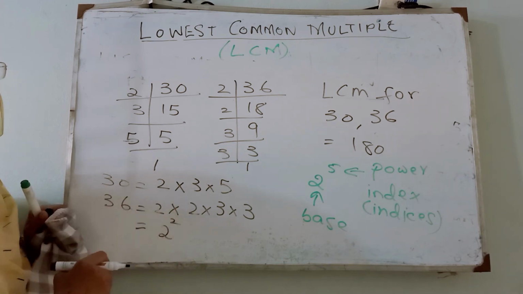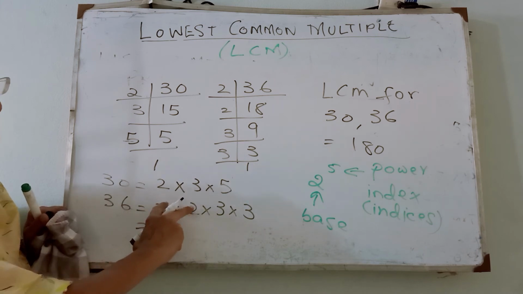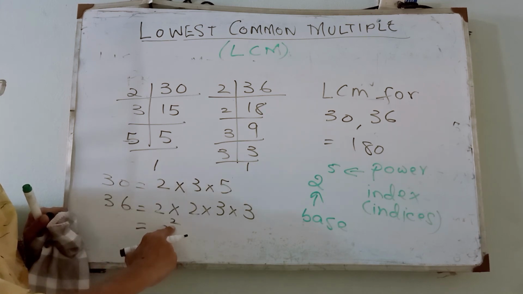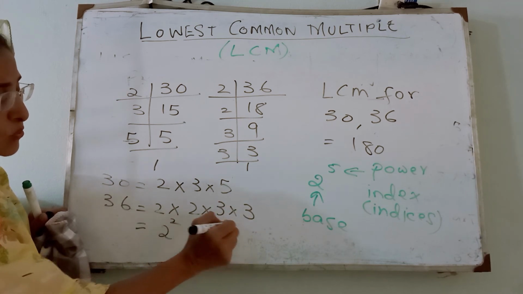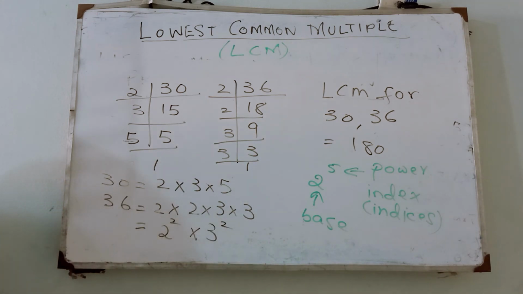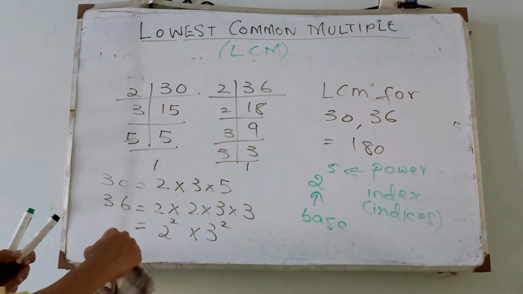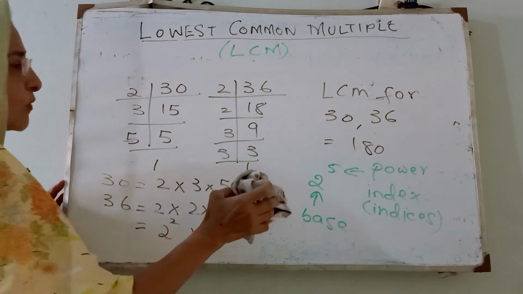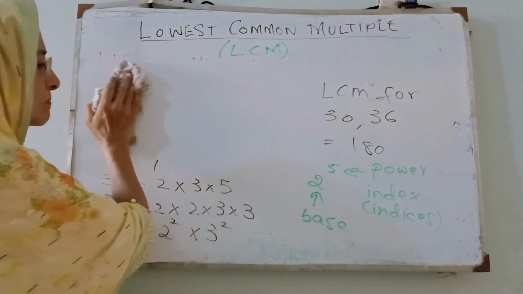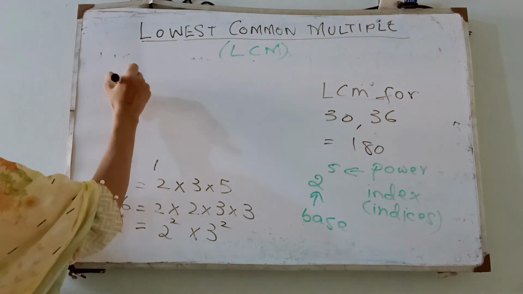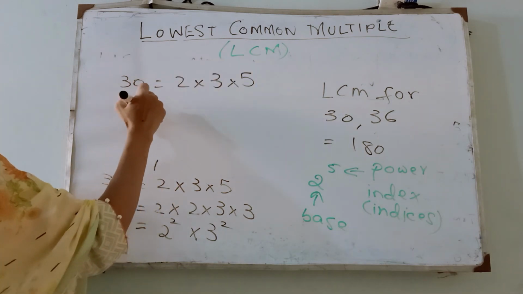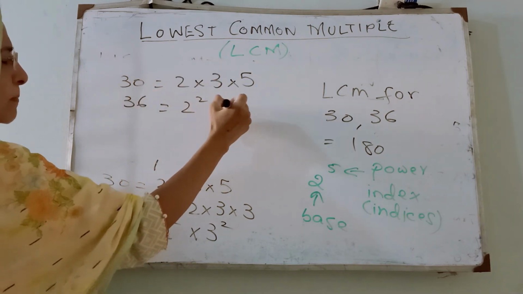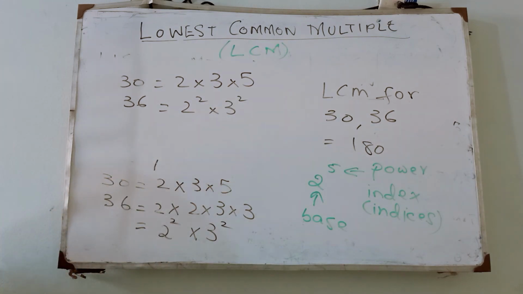The rule of indices says whenever we are multiplying the same base, our power should be added. 3 is multiplied 2 times, so my power will be 3 square. Right? So when I have written this in the form of index notation, 30 is written as 2 multiplied by 3 multiplied by 5, and 36 is written as 2 square multiplied by 3 square. Now what I have to do is I have to write my LCM.